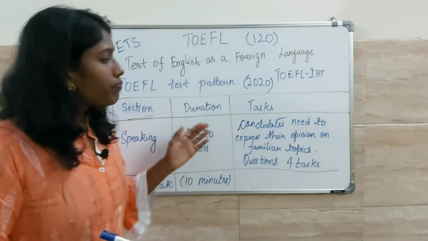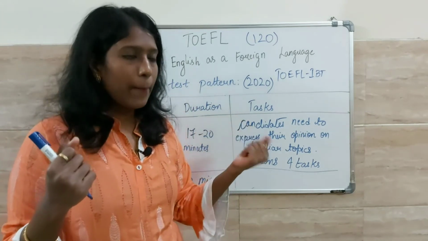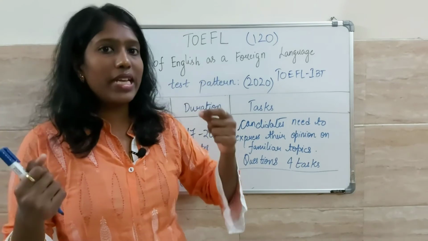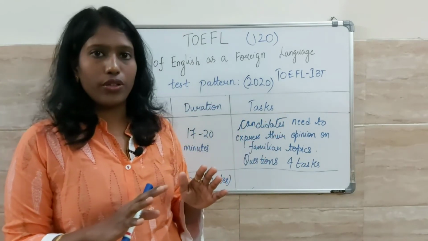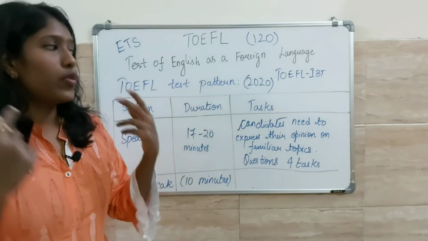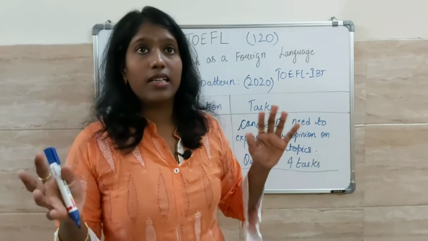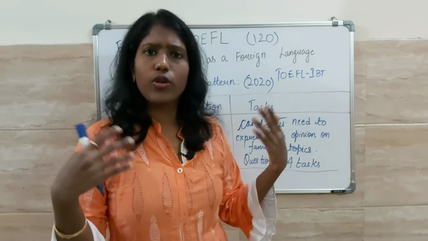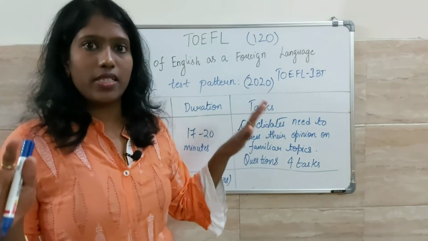That means you must listen to the audio and read a text which is somewhat relevant to the audio, and you need to speak related to the topic which you have read and also listened to, right?